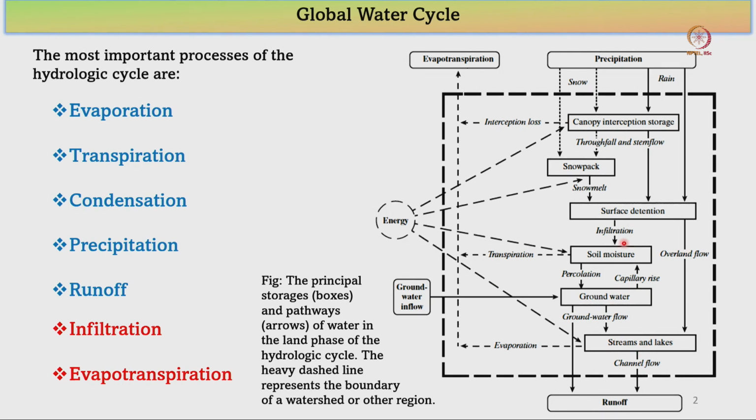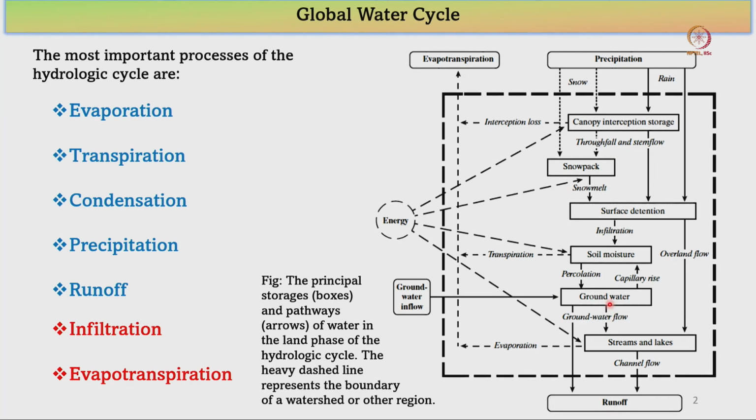Now, from the soil moisture component, it can percolate. If it percolates, it reaches the groundwater storage, right, or through capillary forces and all that, from the groundwater storage there is capillary rise and it can again move to the topsoils, where again it is uptaken by plants and it can get lost through transpiration and evapotranspiration.